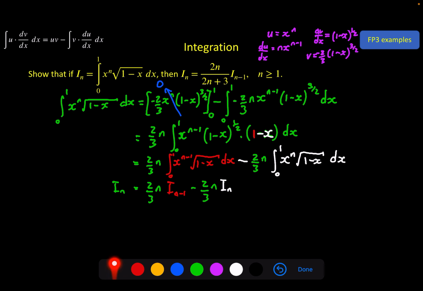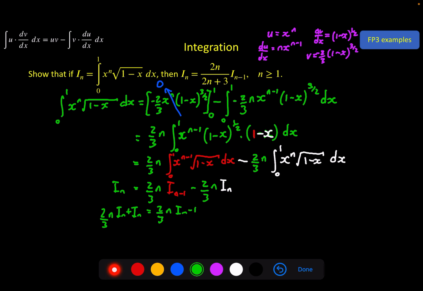But of course this doesn't quite match what they've given us here, and we should always finish our working with exactly the same thing as is written in the question if we're trying to show something. So I need to rearrange this, and I just do that by putting this on the other side and factorizing out the In. So I'll change everything back into green now. So we've got 2/3 n In plus In is equal to 2/3 n I_{n-1}.